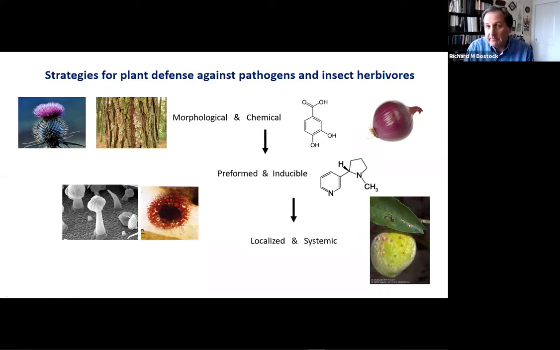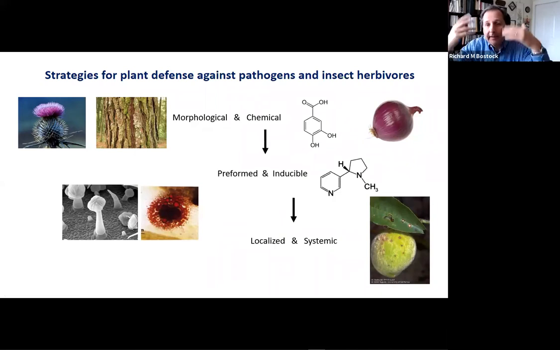But there are also some structures that can be more of a barrier that helps resist ingress, like induced lignin, which can be pretty tough for a pathogen to get through. By localized, I mean these defenses are induced at the site of attack.